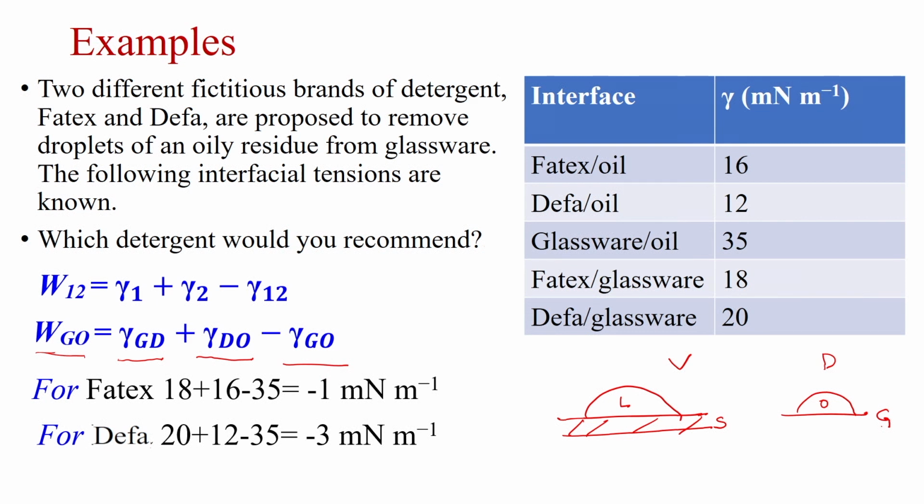Now, in case of DEFA detergent, we will do the same exercise, it is coming out to be minus 3 millinewton per meter or minus 3 millijoule per meter square.